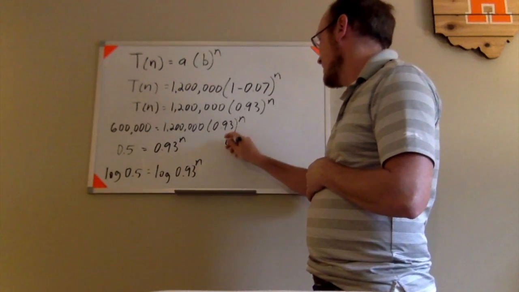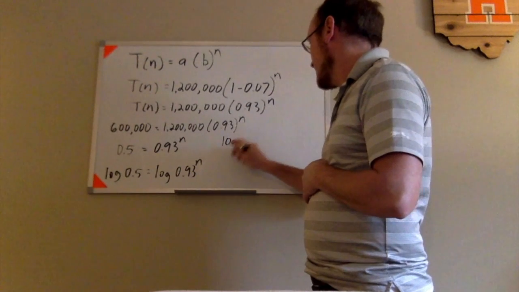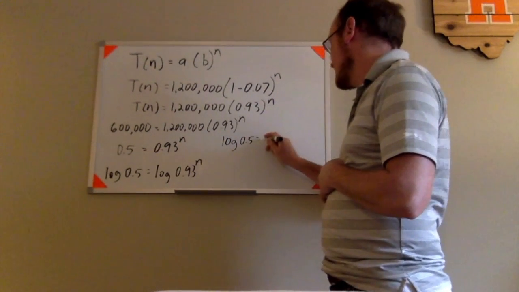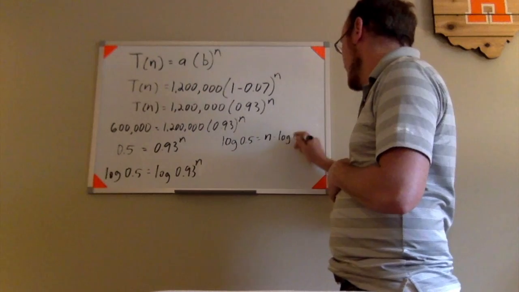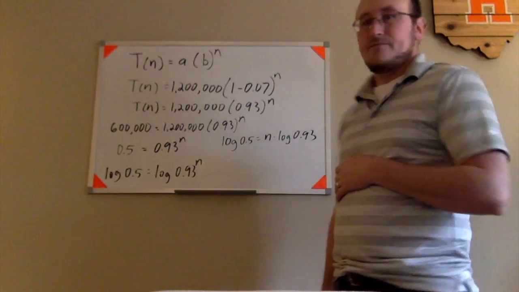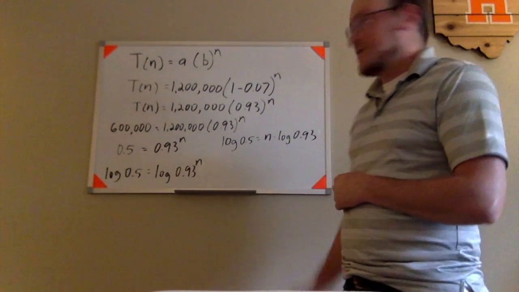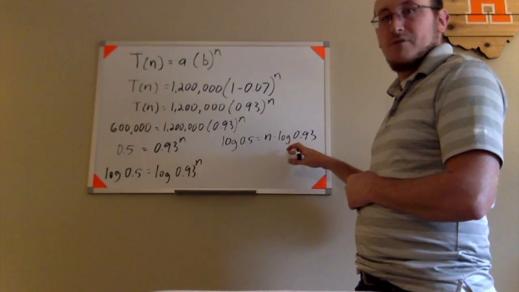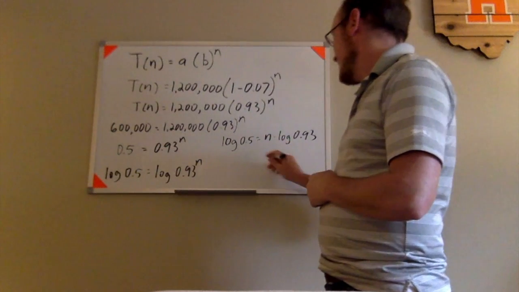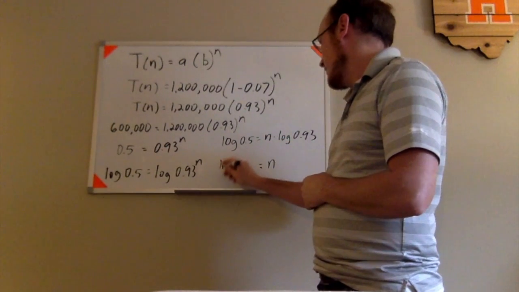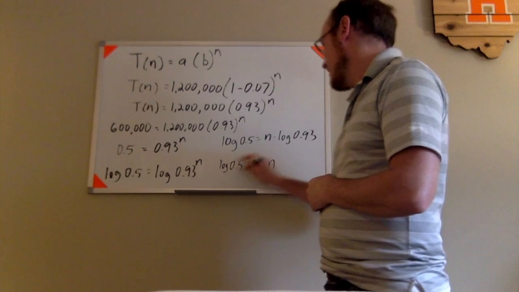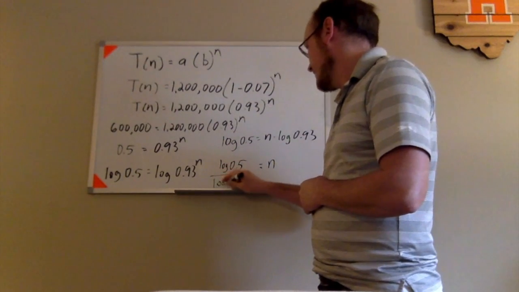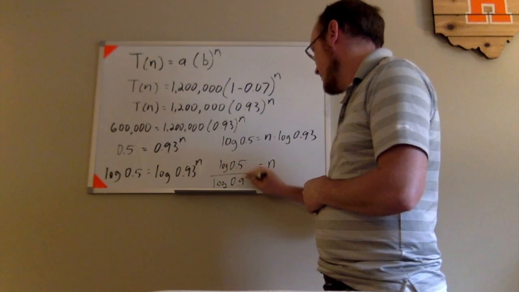That would give me log of 0.5 equals n times log of 0.93. And then finally, to finish solving for n, I would divide both sides by the log of 0.93, and I would get that n is equal to log of 0.5 divided by log of 0.93.